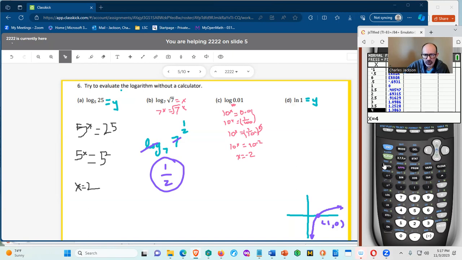Jay, what is the equivalent exponential equation to ln 1 equals y? E to the power of y equals 1. Yes.